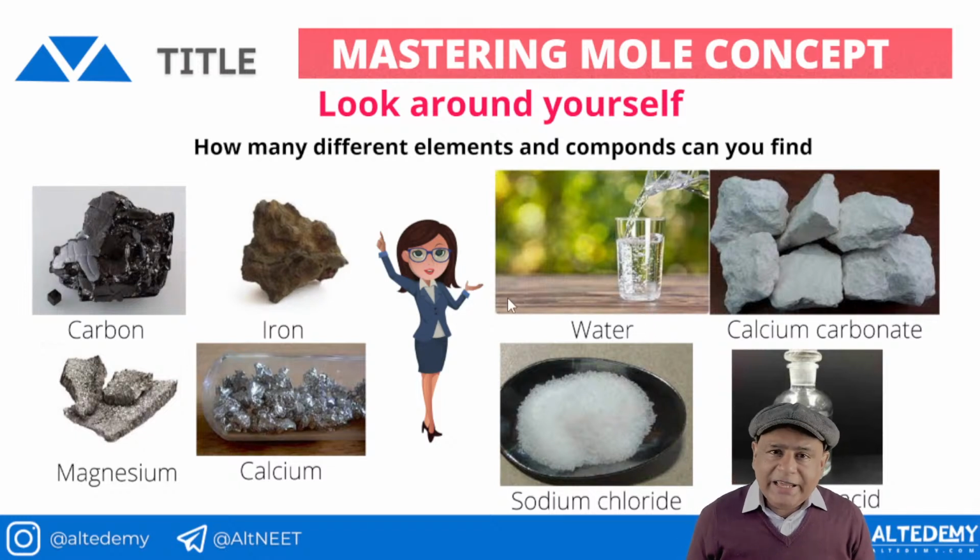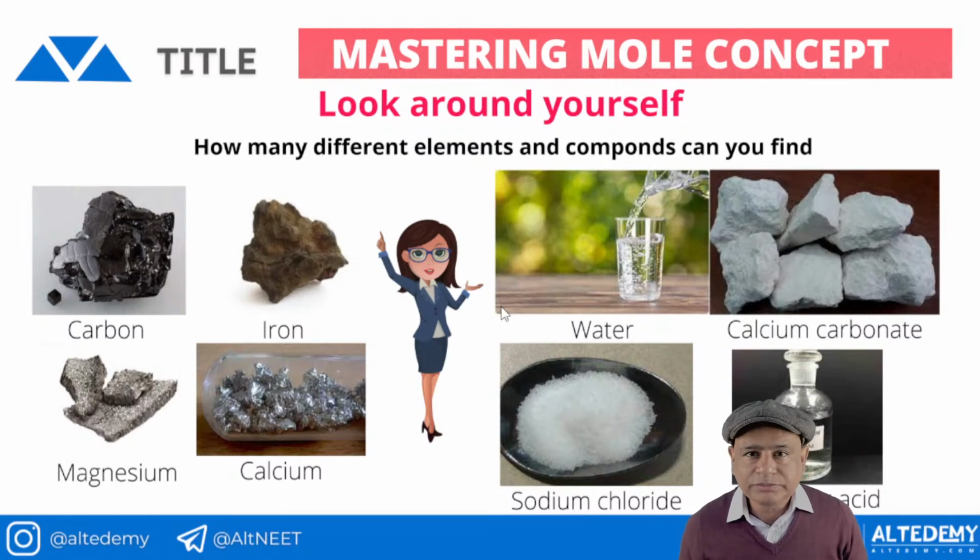Well, can I expect that you know the difference between an element and a compound? Yes, I think you know it. I do not want to underestimate that. Elements combine to make a compound.